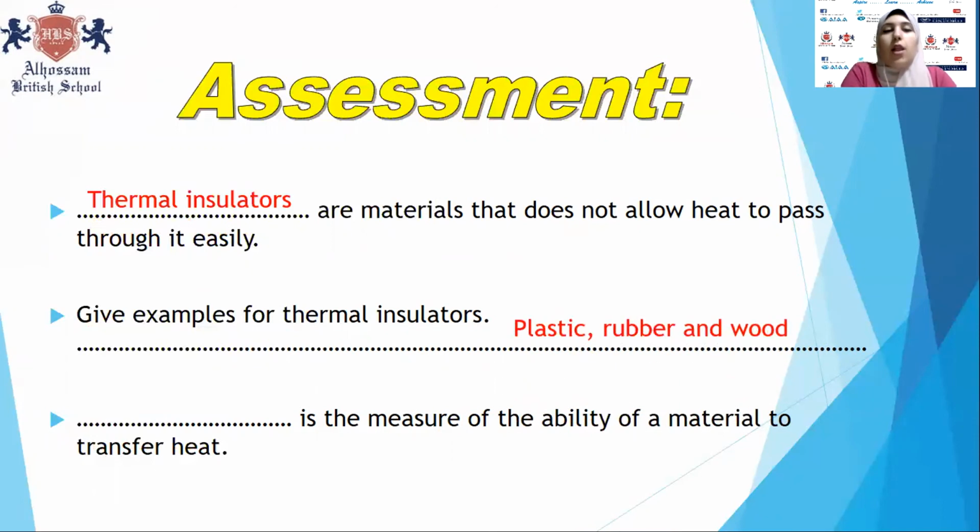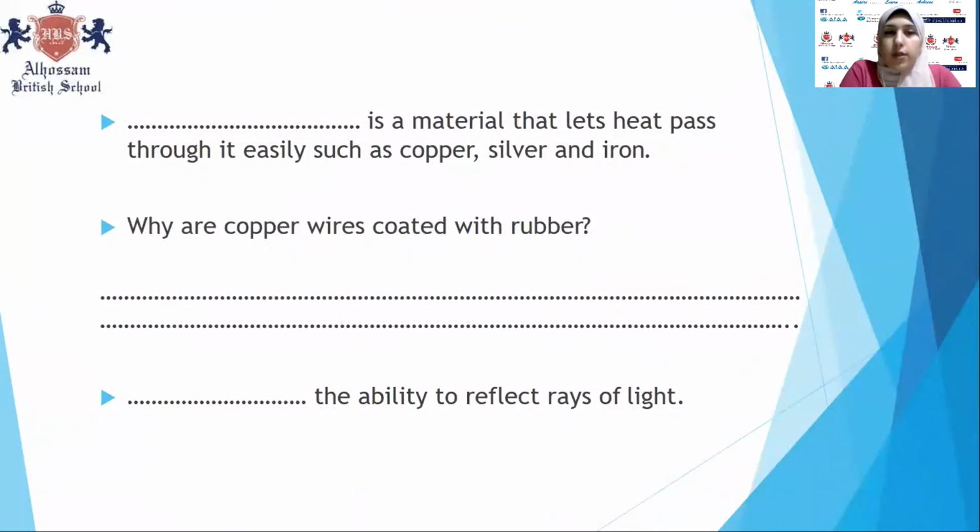Now, this is the definition of something: the measure of the ability of a material to transfer heat. Excellent, it's the thermal conductivity. Now, what is the material that lets heat pass through it easily, such as copper, silver, and iron? It's called a thermal conductor. Thank you.